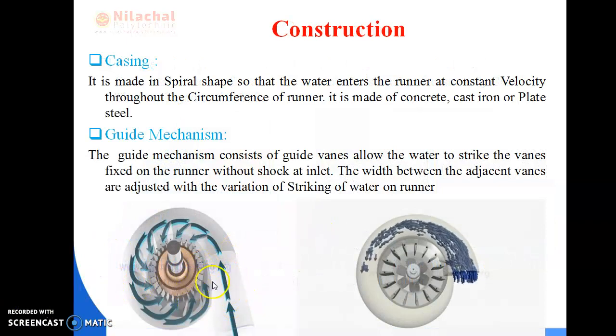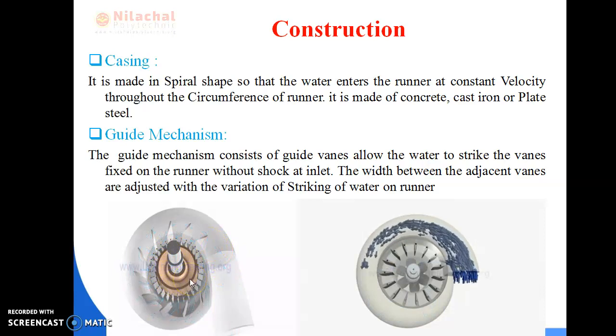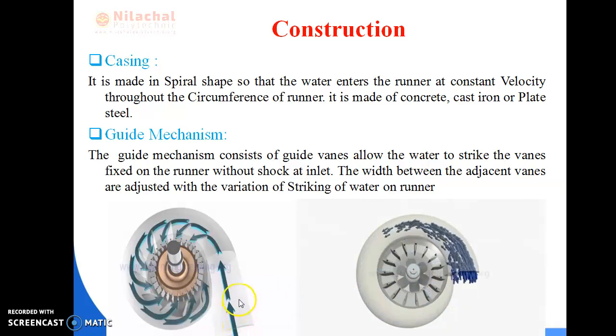This is the case of a reaction turbine. Here, this is the outlet of the reaction turbine, this is the inlet, and if the water enters from the outer periphery towards the inner side, the flow of water is known as your inward flow reaction turbine.